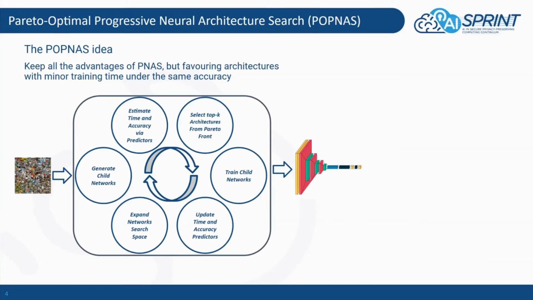And it is based on the Google solution, which is named PNAS, which is Progressive Neural Architecture Search. But the idea is to make this tool even faster by keeping the same accuracy of the original model. So we are favoring architectures with minor training time under the same accuracy, thanks to the Pareto optimality training.